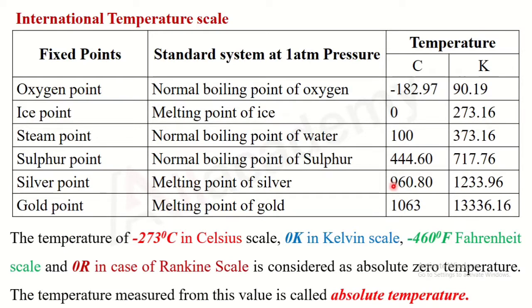Now the temperature of minus 273 degrees Celsius in the Celsius scale, 0 Kelvin in the Kelvin scale, minus 460 degrees Fahrenheit in the Fahrenheit scale, and 0 Rankine in the Rankine scale is considered as absolute zero temperature.